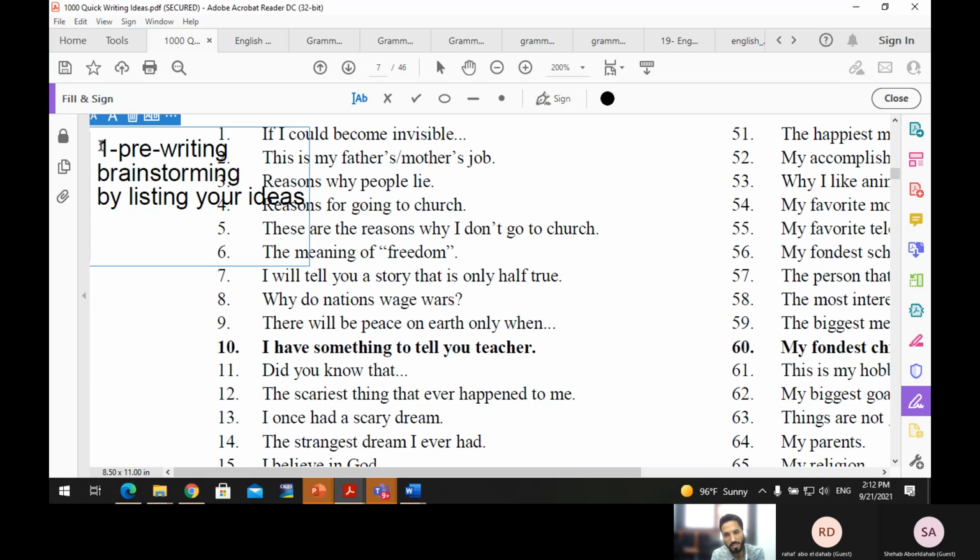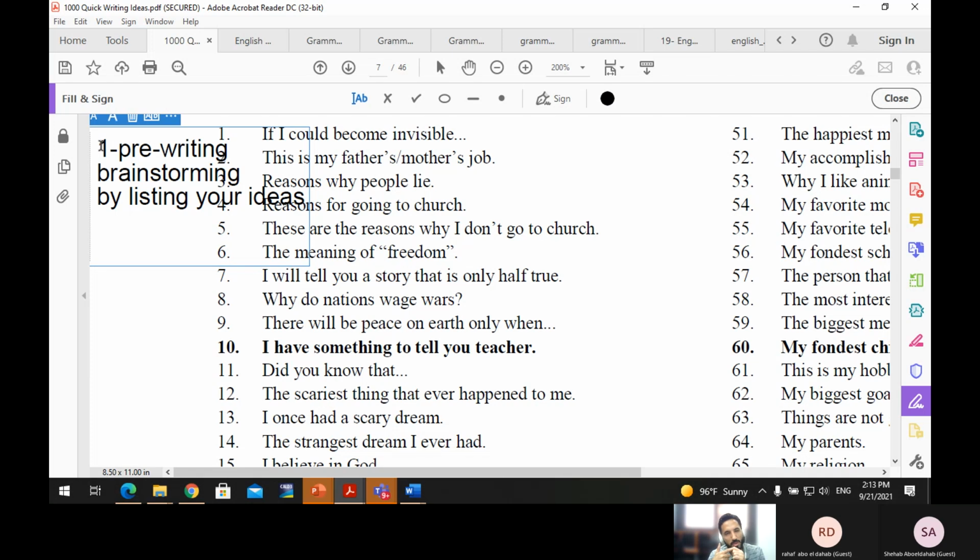But if you started with drafting without planning, you will not write about many ideas. Why? Because you didn't plan before.